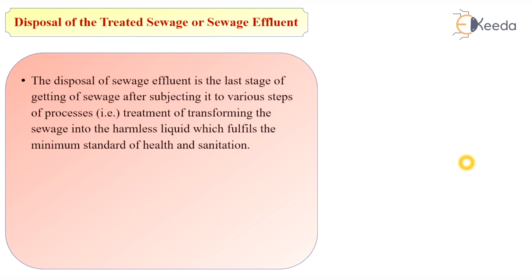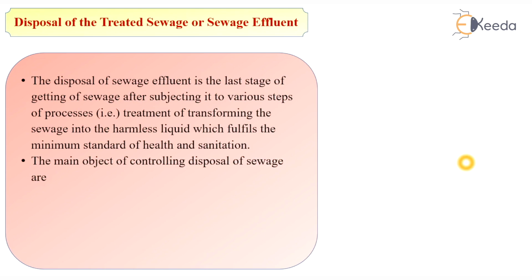The treatment transforms the sewage into a harmless liquid which fulfills the minimum standards of health and sanitation. There are some permissible limits or discharge standards when the treated sewage is disposed of into the land or into the water body.